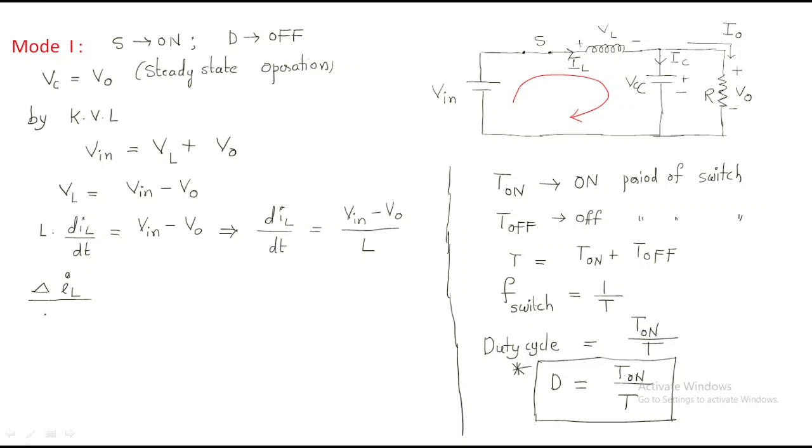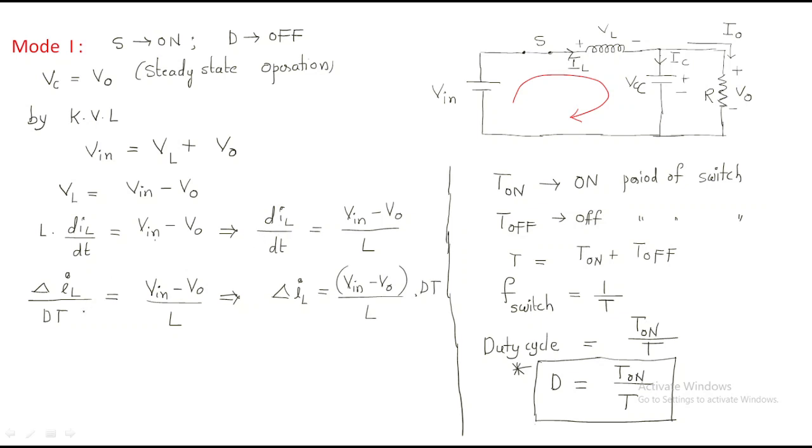Finally, the change in inductor current equals (V input minus V output) by L into dt.